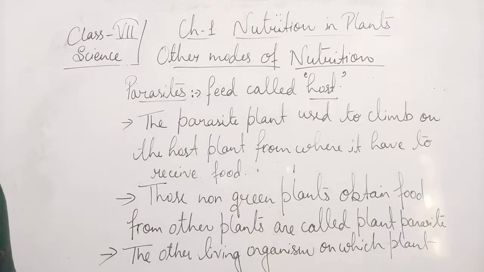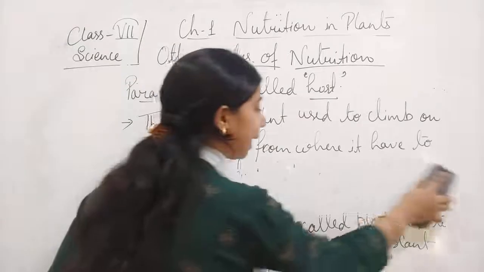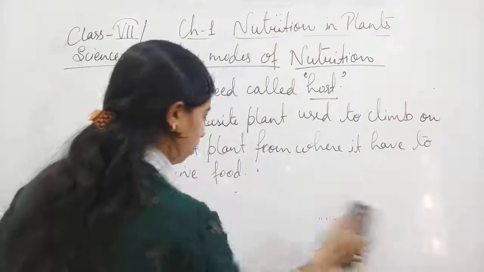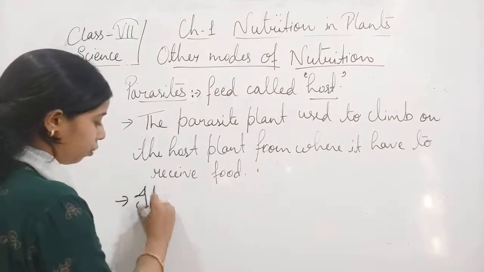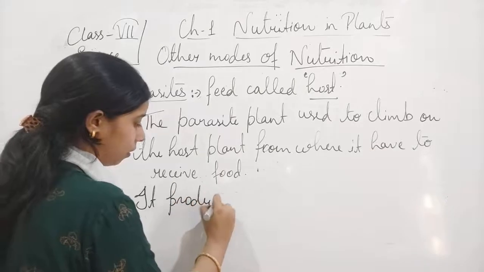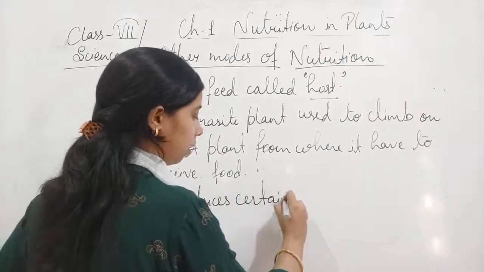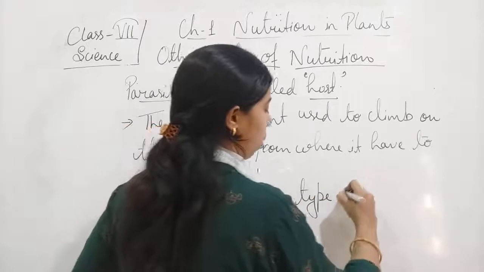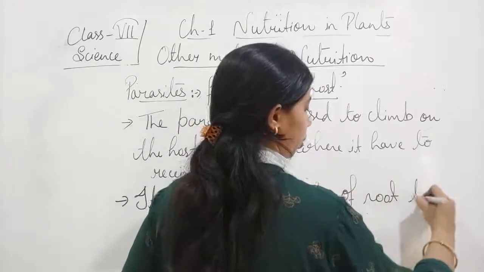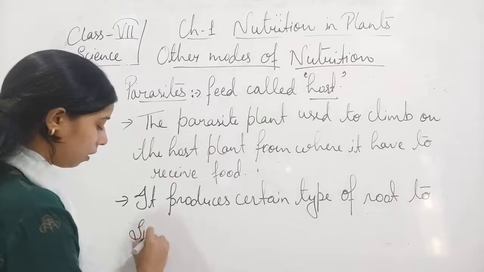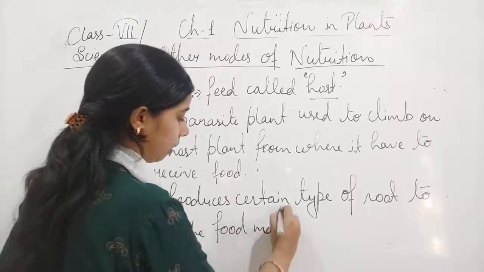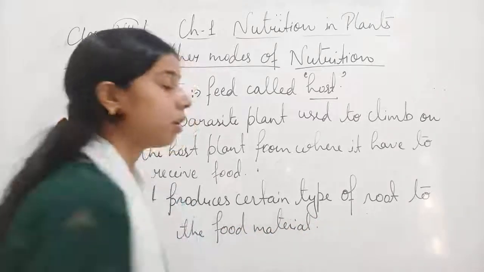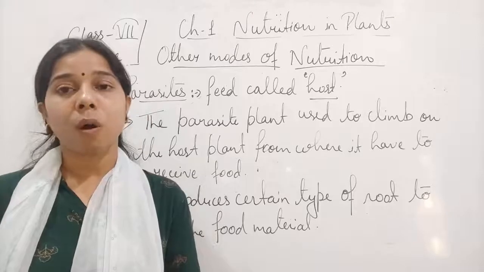from the other plant. Okay, so it produces a certain type of root. We can write it. It produces certain type of root to suck the food material from it.